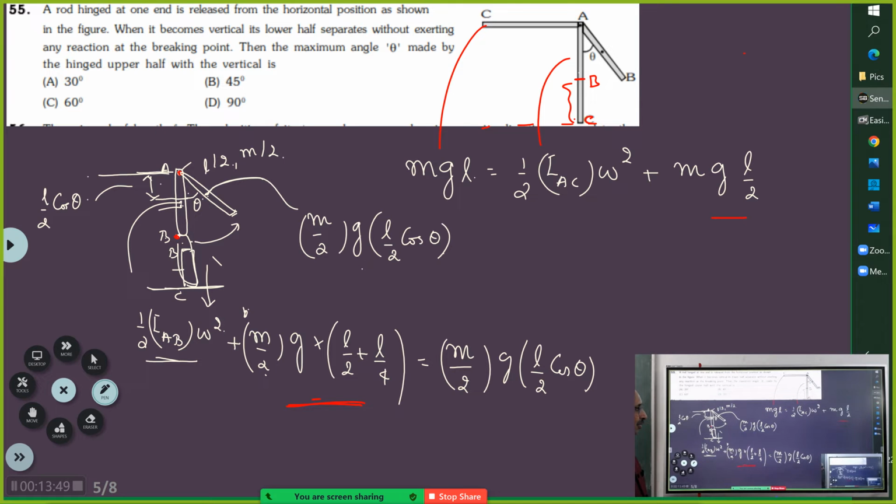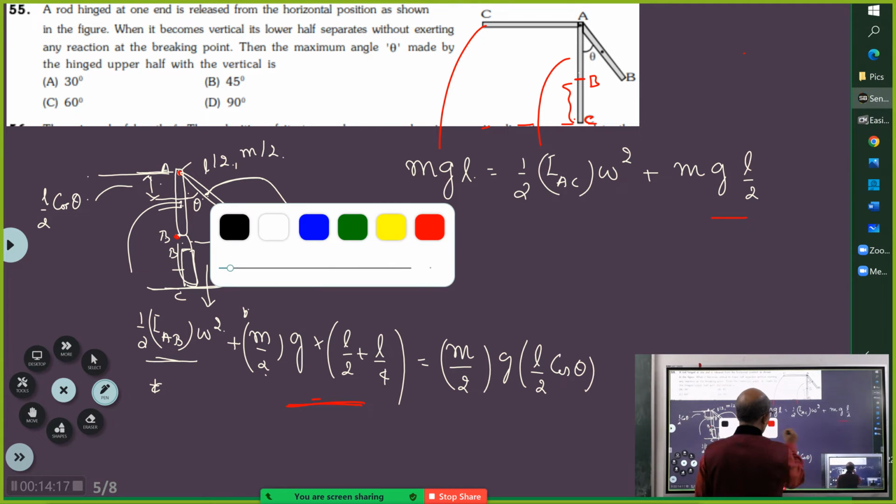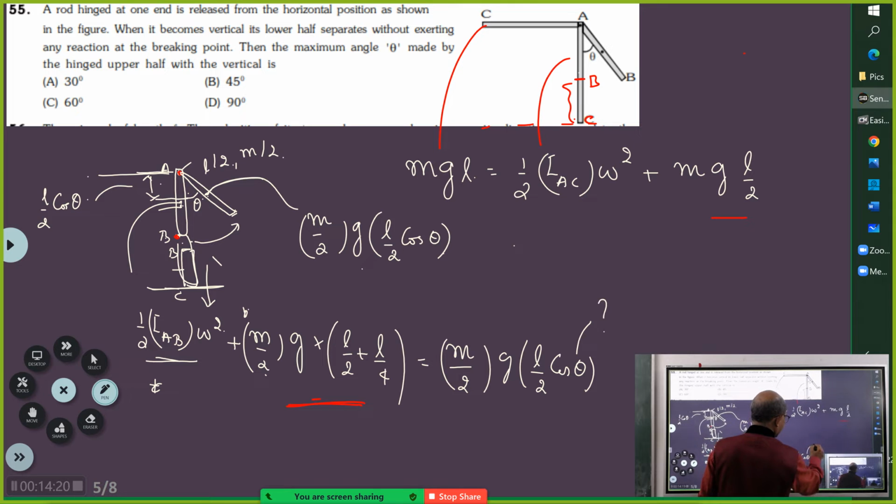So therefore, now this equation: here I_AB omega square plus mgL I should add. Correct? So already you see I_AB omega square, this one is equal to so and so. Is this all clear, students? Now what we have to find out here? We need to find this theta.